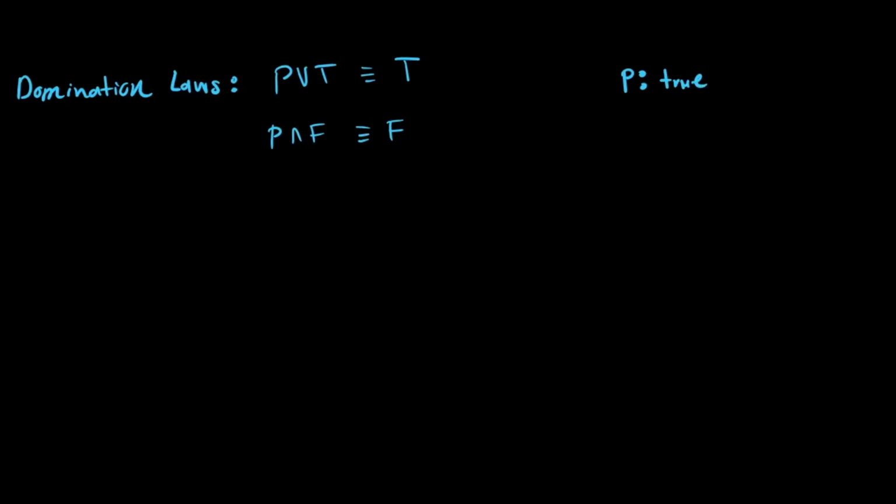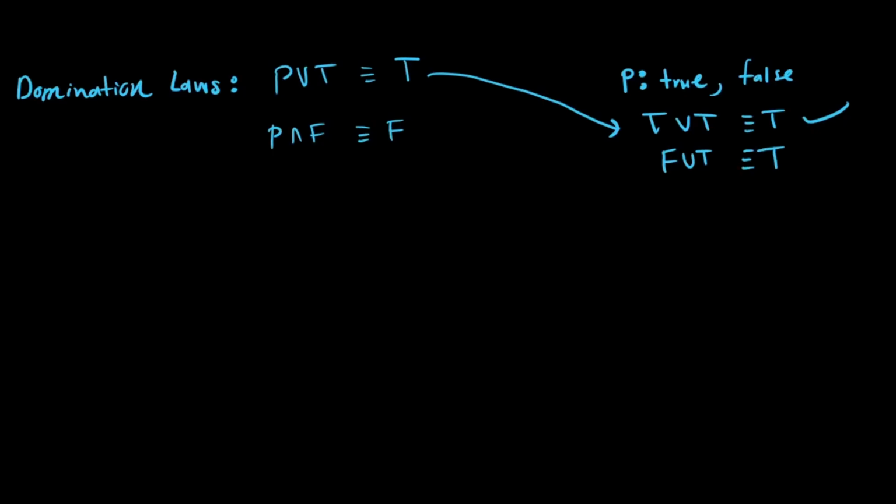Then if I have true or true, this is going to be congruent to true, and that's true, right? That makes sense. Let's say in this case, instead of P being true, it was false. If P is false, if I have false or true, it'll be congruent to true as well, right? And that's just how the or operator is working here, okay?